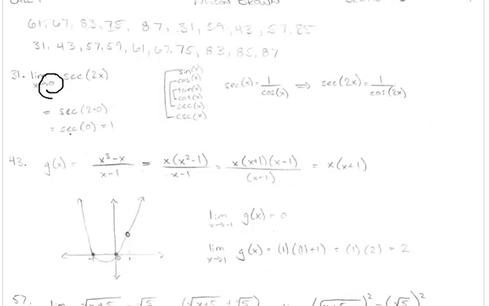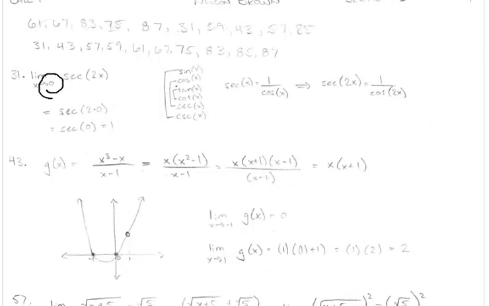And the question becomes, is secant defined for x equal to 0? Because we know that the limit exists for all trig functions in their domain, so the question becomes whether or not 0 is in the domain of secant.